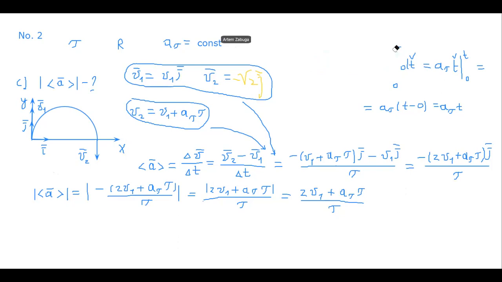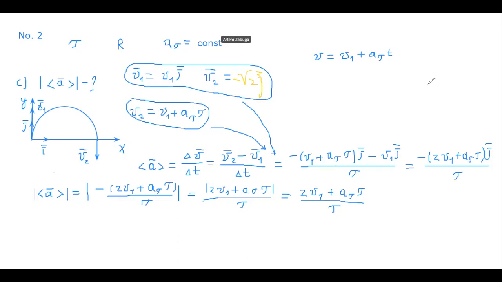I have cleaned something that is necessary now. Maybe I'll remind this. We have found that v is equal to v1 plus a tau t.